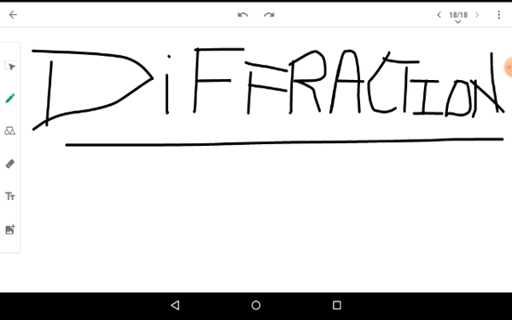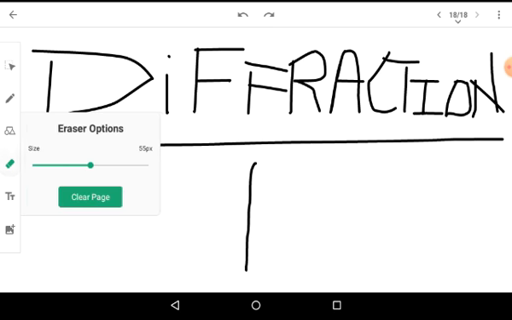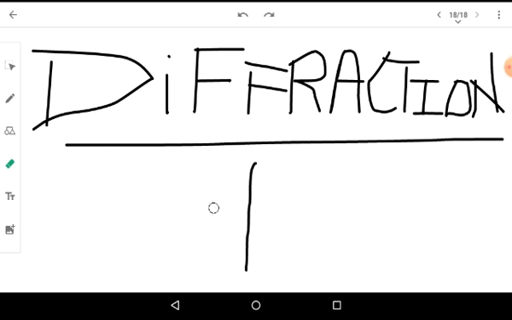So what is diffraction actually? If I have a wall, a very thin wall, and I make a very small hole in between it, and now I make some light waves pass through this.